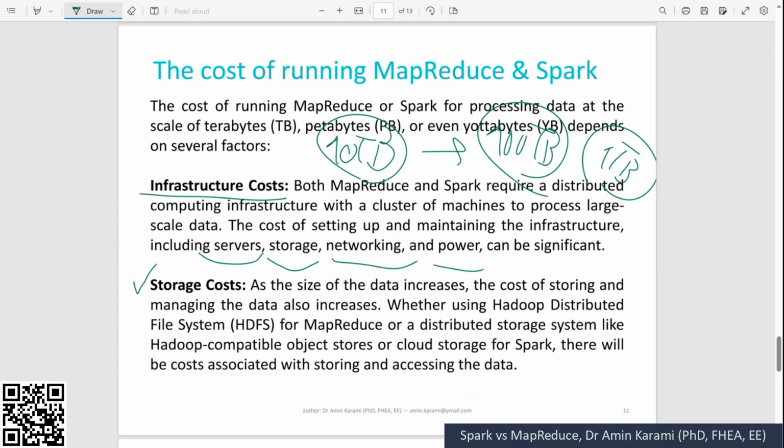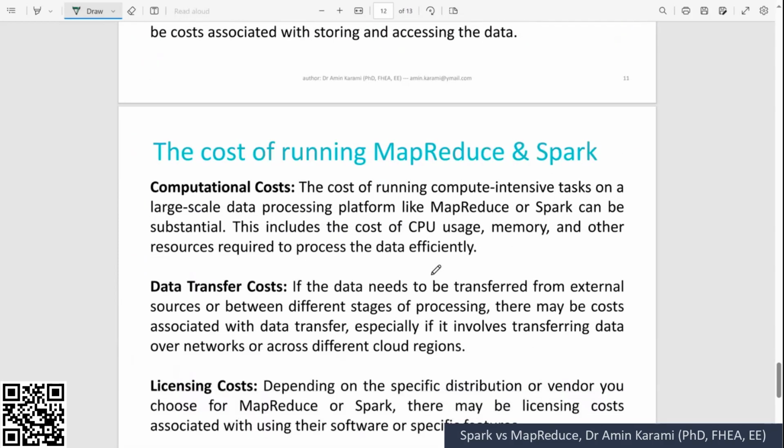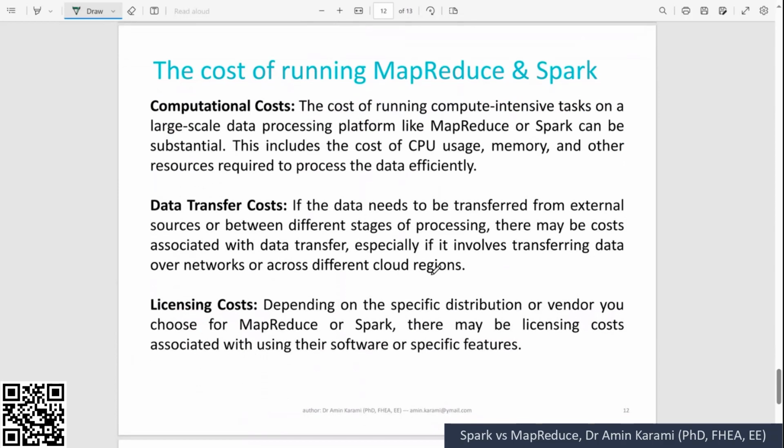So in this case, MapReduce might be much better than Spark. But guys, there is not only one criterion to decide how to go ahead with these processing units. We have to consider more criteria that we are going to discuss and conclude at the end. Computational costs.